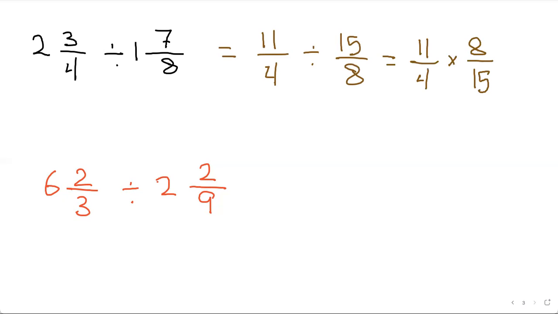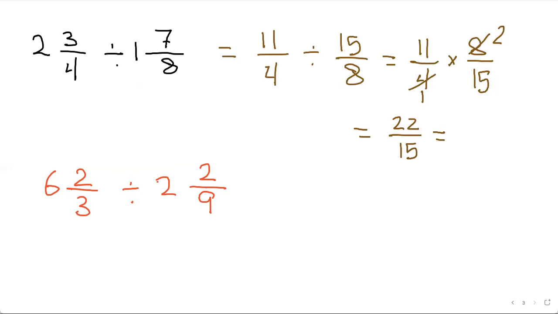Now we look diagonally. This way we cannot reduce, but if we look diagonally this way, we can reduce. 4 goes into itself once, and into 8 twice. Now we cannot reduce anymore. At this stage, you just multiply the 11 by the 2 and you get 22, and multiply the 1 by the 15 and you get 15.